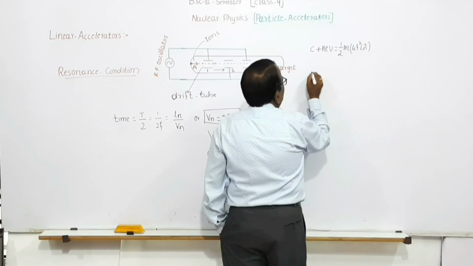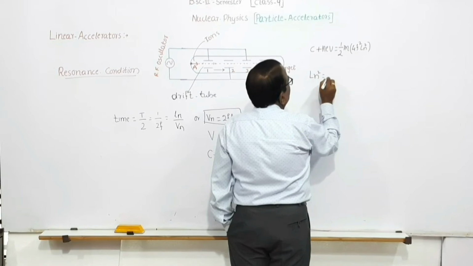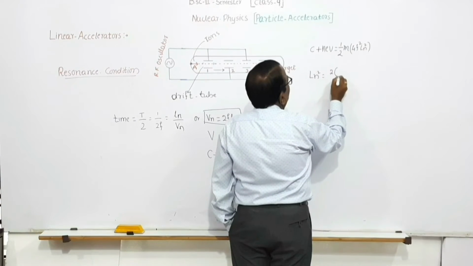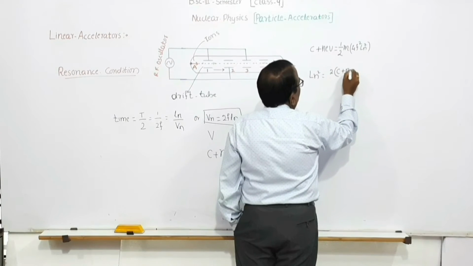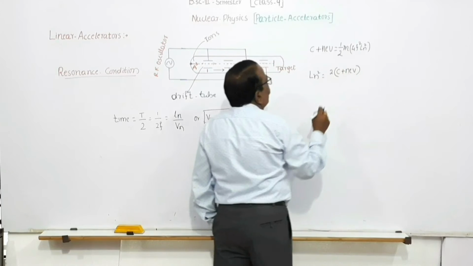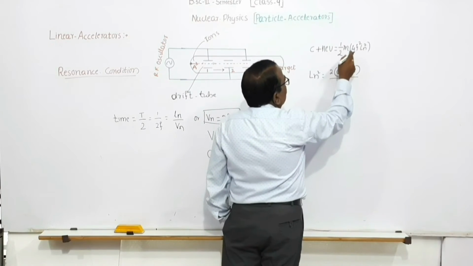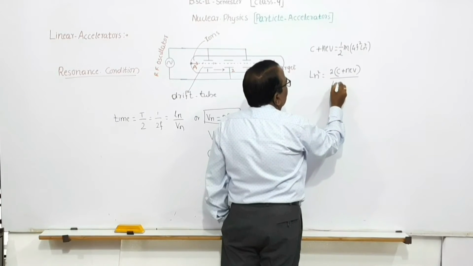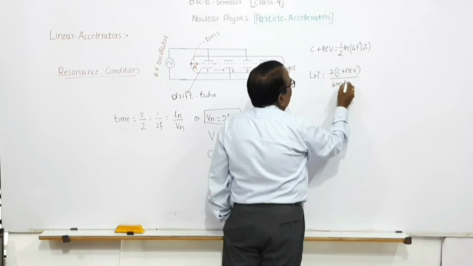So from this, Ln square is equal to 2 into C plus NeV upon 4 m f square.